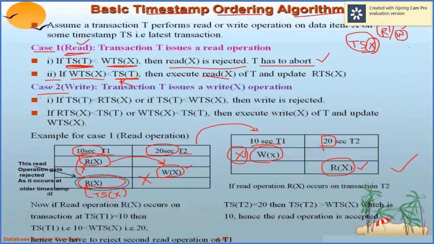Okay, let's try to understand case 2, where the transaction TS of X is a write operation. So let's analyze. If the write operation timestamp is less than the read operation timestamp, or the write operation timestamp is less than again the write operation timestamp, then the write is rejected.